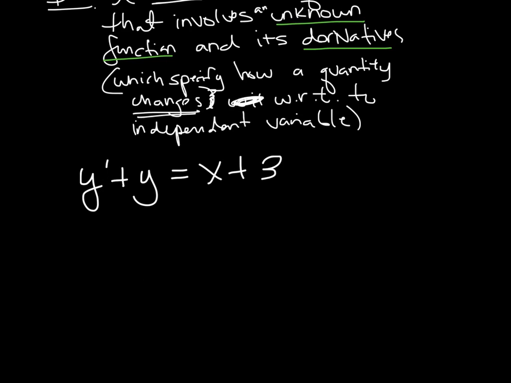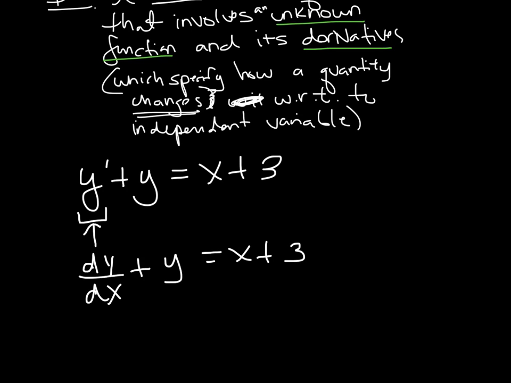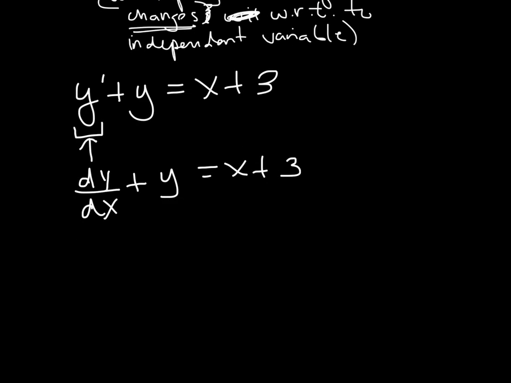That's why it's called the unknown function. Now, we can also rewrite this differential equation. We know from calculus that y prime really means the derivative of y with respect to x. So we can say dy/dx, or d/dx of y, plus our function y equals x plus 3. So that's another valid way of writing that.